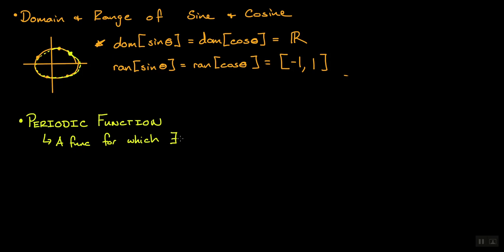Backward capital E. For which there exists a real number C such that the following is true, we get a periodic function.